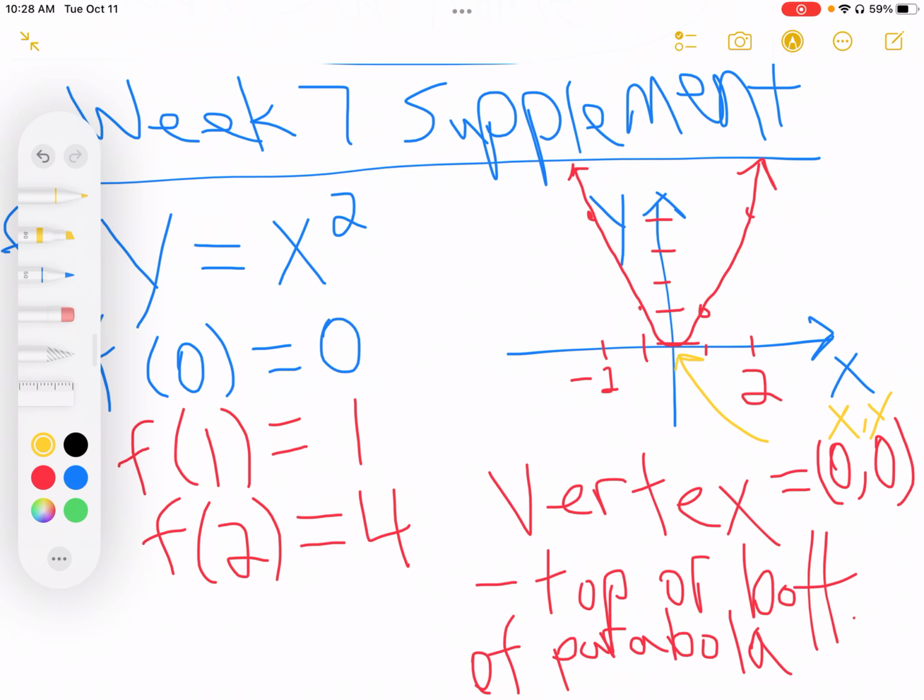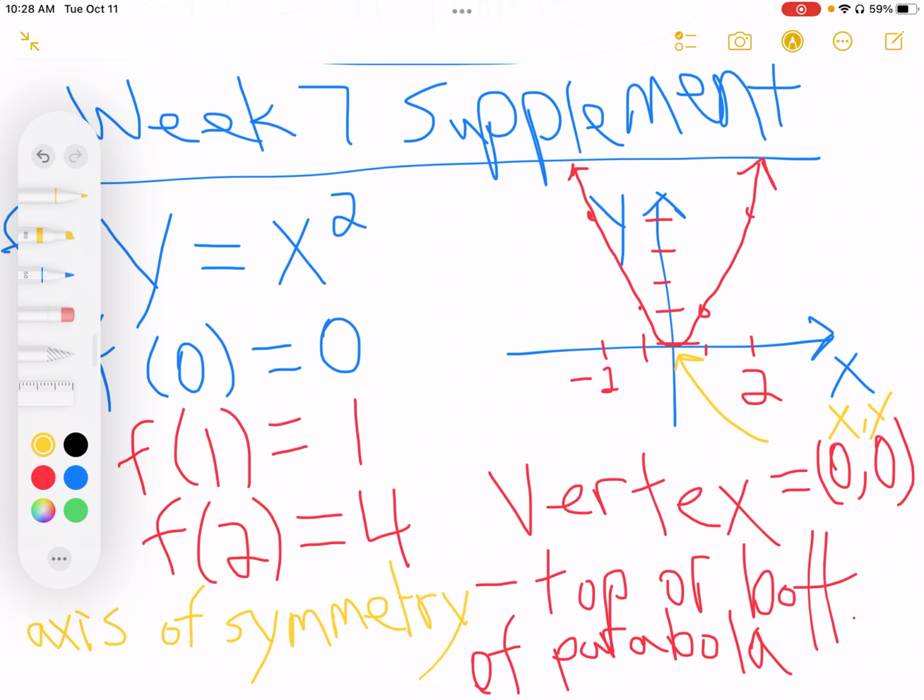So that's this right here, it's 0, 0. And the one that I didn't talk about a whole lot last time was what we call the axis of symmetry, or symmetrical axis. You can look at your assignment from last week. You know what symmetrical means, right?